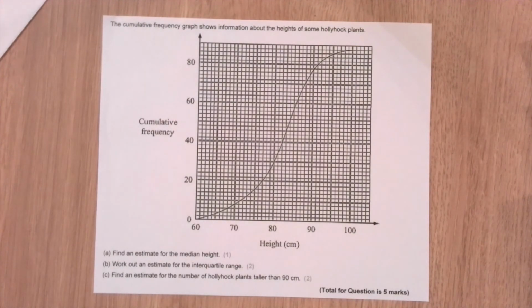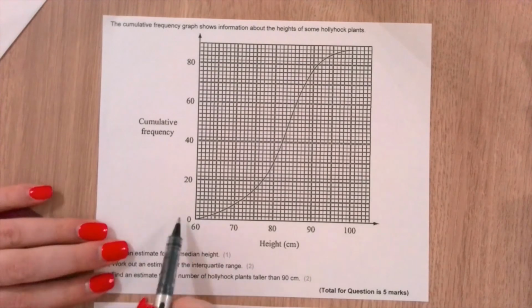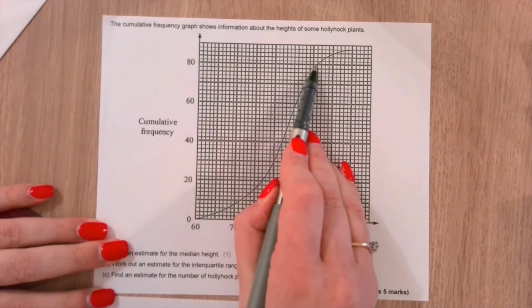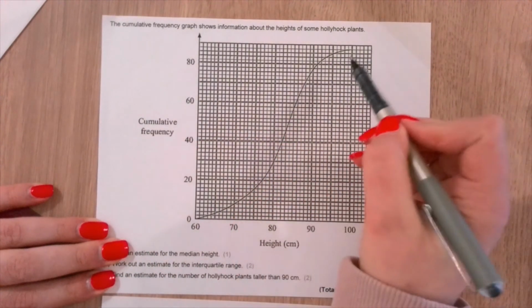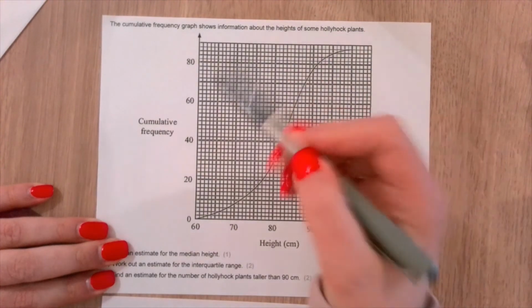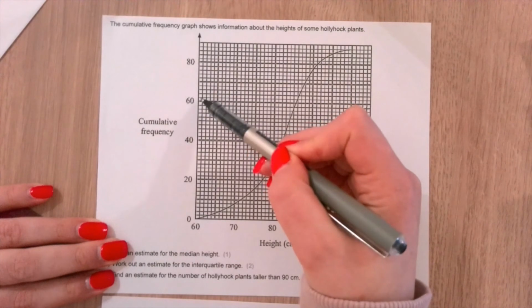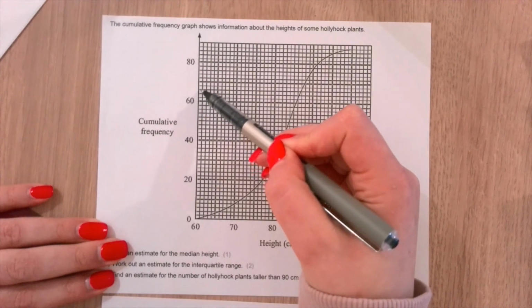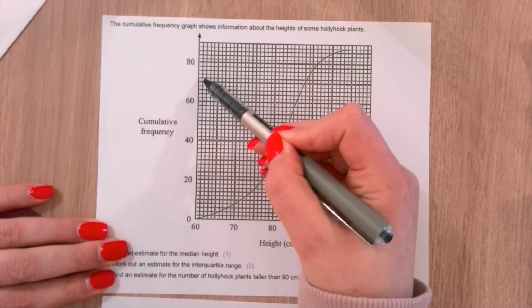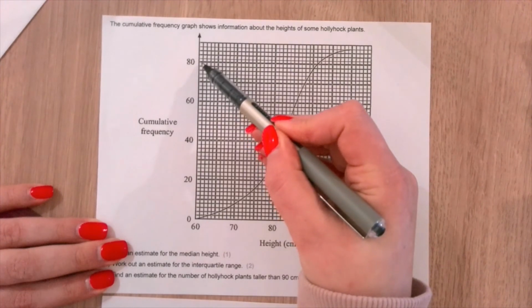Okay, so to do this, I need to work out what my median value is. Looking at the data, cumulative frequency, it goes up beyond 80. I need to work out what this is. On my scale, each of these must be 2, because that's 62, 64, 66, 68, 70, 72, 74, 76, 78, 80.